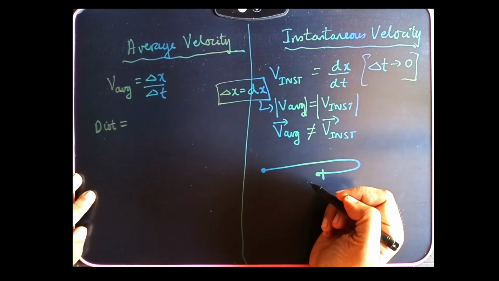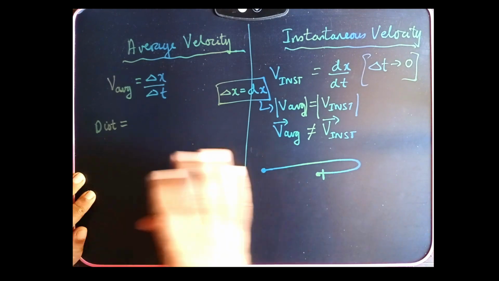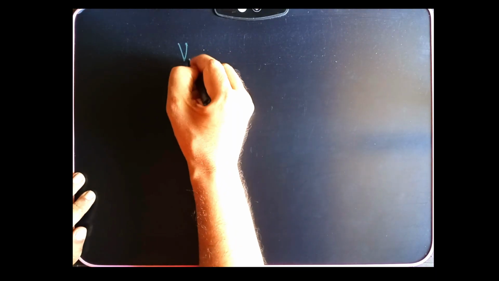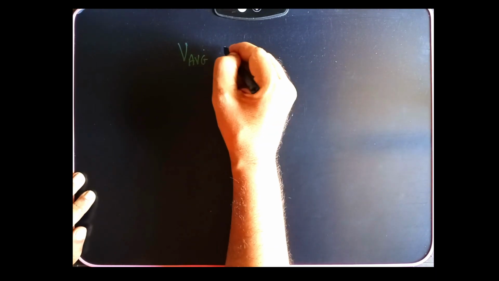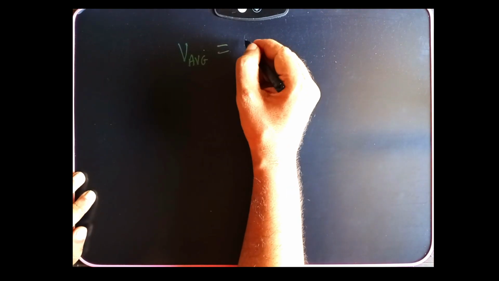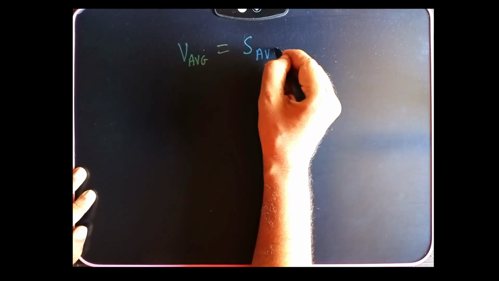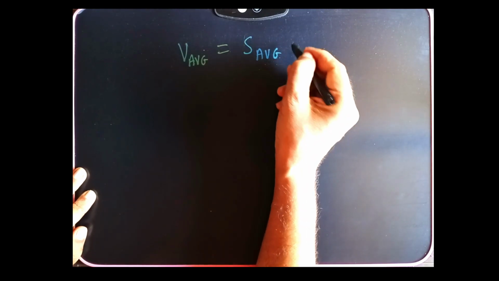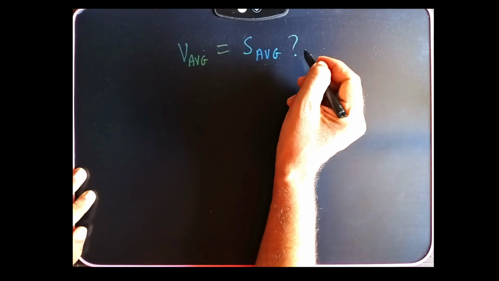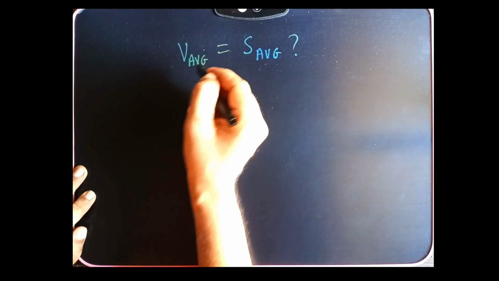Will average velocity be equal to average speed? Let me clear this. Is v average equal to average speed? It's a question. Not always. What is the definition of average speed?